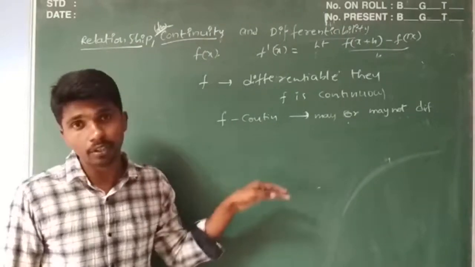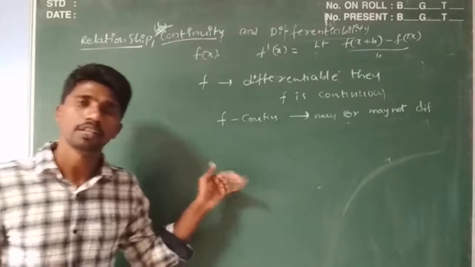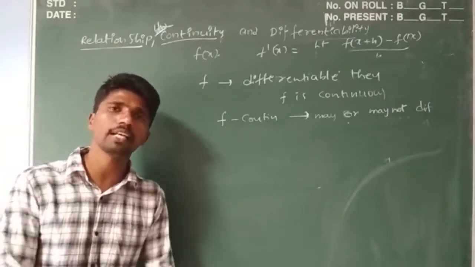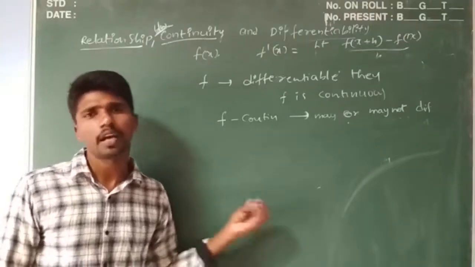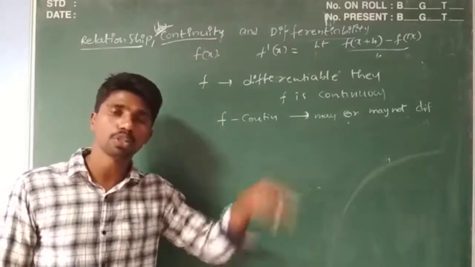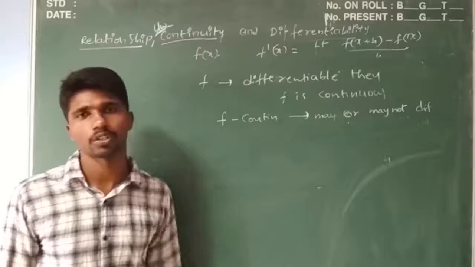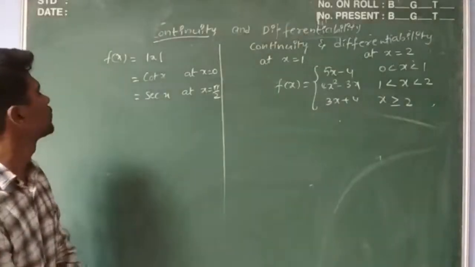If it is continuous, again I should not give any conclusion. I should check whether the function is differentiable or not. If it is not continuous, directly I can give a conclusion that it is not differentiable at the given point. If it is continuous, then I have to check whether it is differentiable or not. So we shall do some problems based on this.